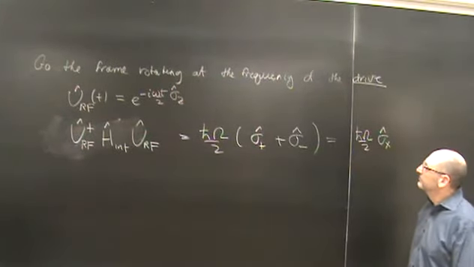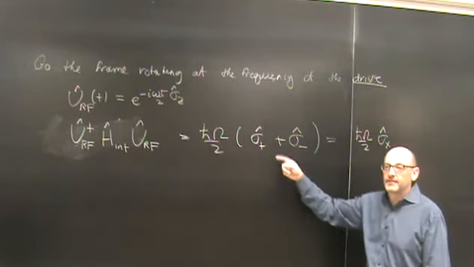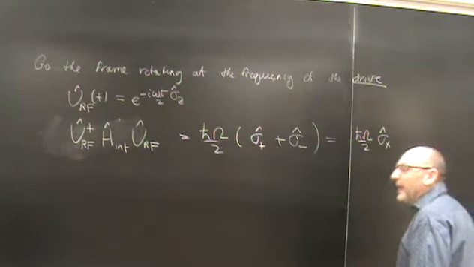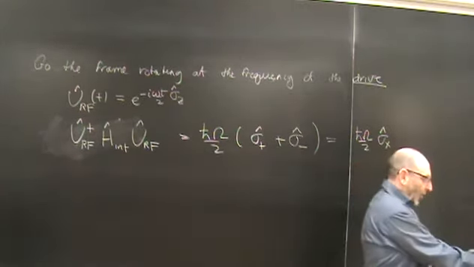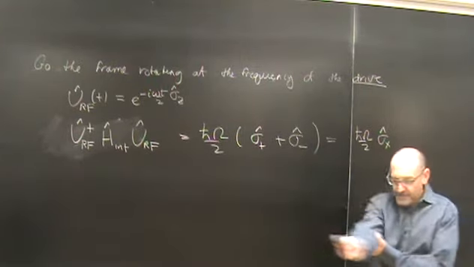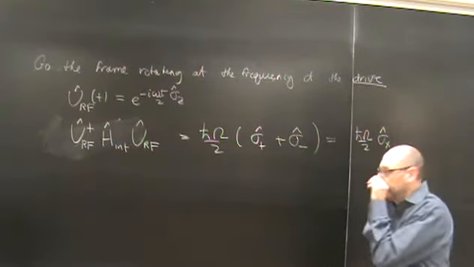Does the 2 cancel? No, it stays. And we kind of saw that again. I mean, if I started my magnetic field along the x direction, then in my local frame, it's always in my x direction. Okay?